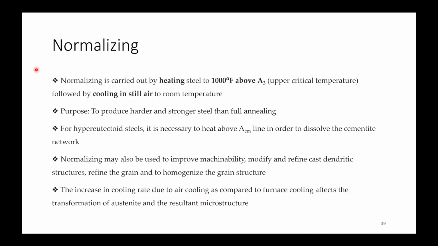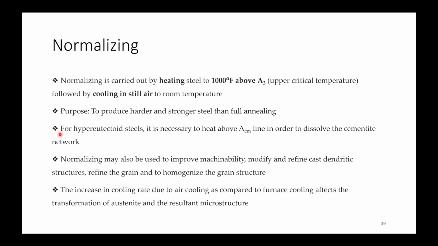Normalizing is carried out by heating steel to 100 degrees Fahrenheit above the A3 upper critical temperature, followed by cooling in still air to room temperature. Its purpose is to produce harder and stronger steel than full annealing, and for hypereutectoid steels it is necessary to heat above the ACM line in order to dissolve the cementite network.